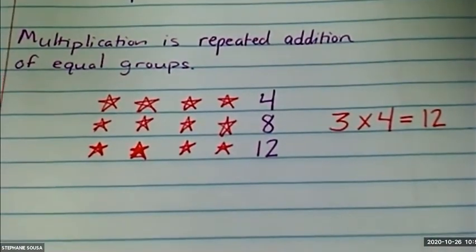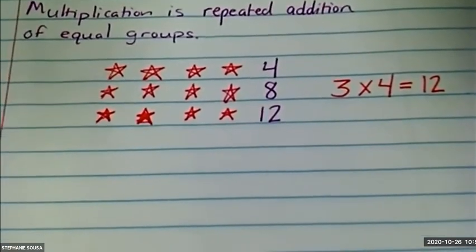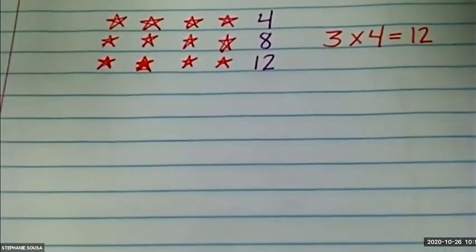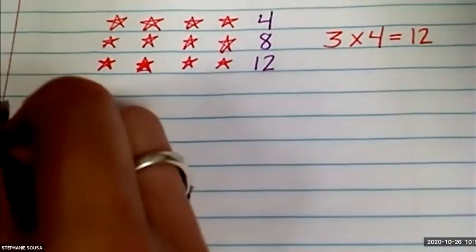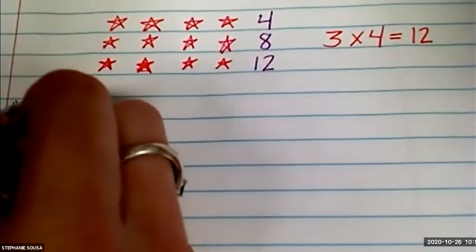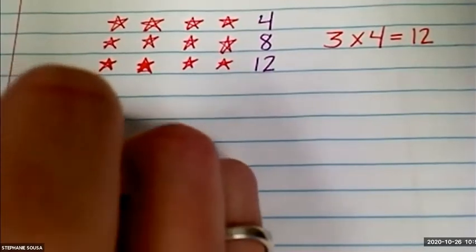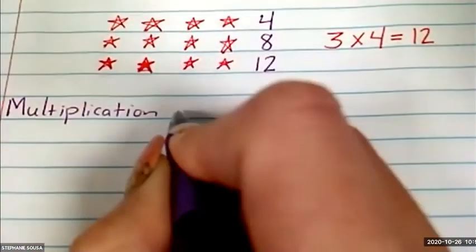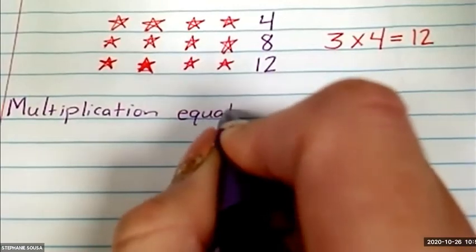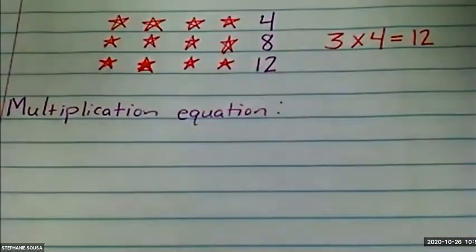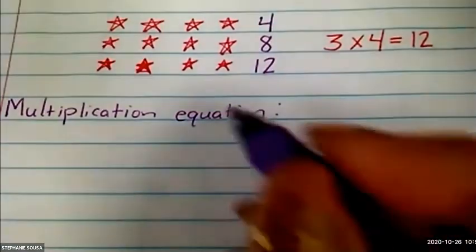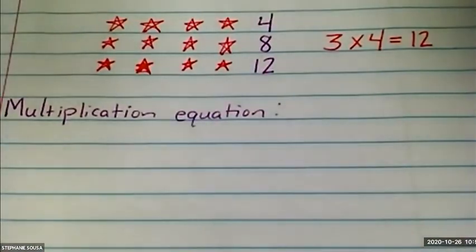Now I want to kind of give it some labels. So I'm going to push down a tiny bit. I'll leave that example there in case we need to see it. And we're going to label what it is that we create. So let's first write multiplication equation. When you are asked to write a multiplication equation, it means you are asked to write a number sentence that uses the multiplication sign and the equal sign. Thus the word multiplication equation.